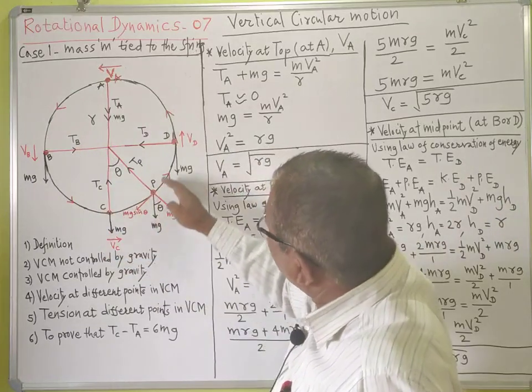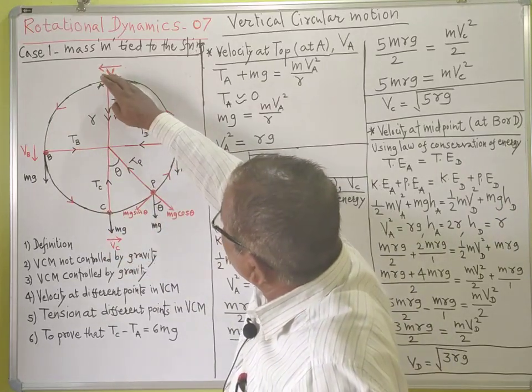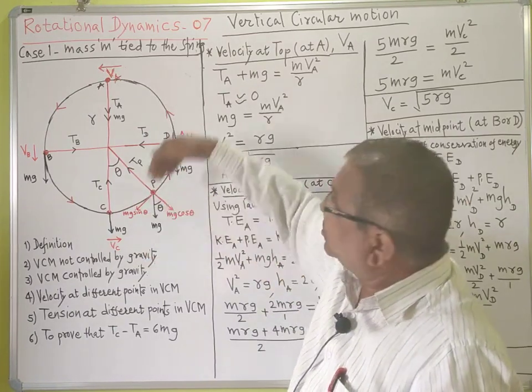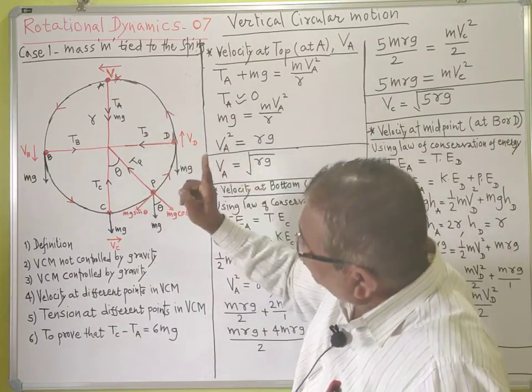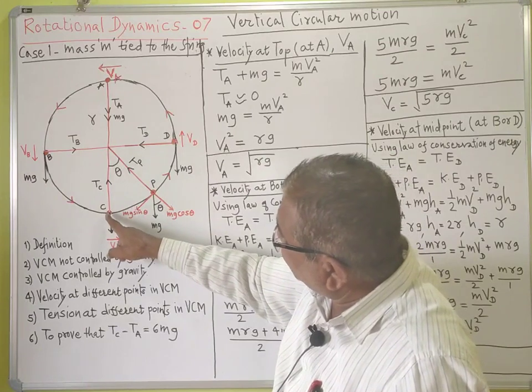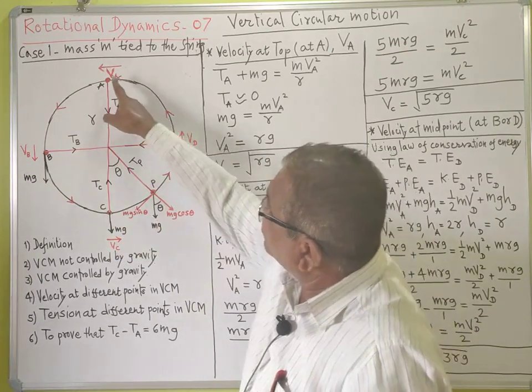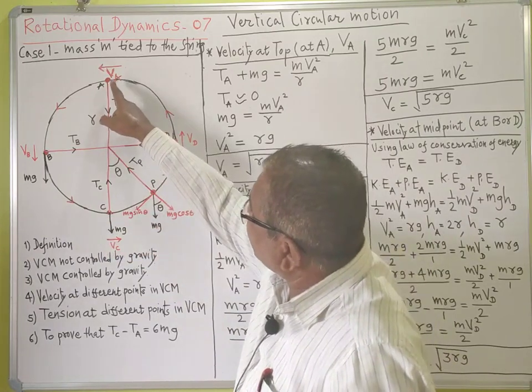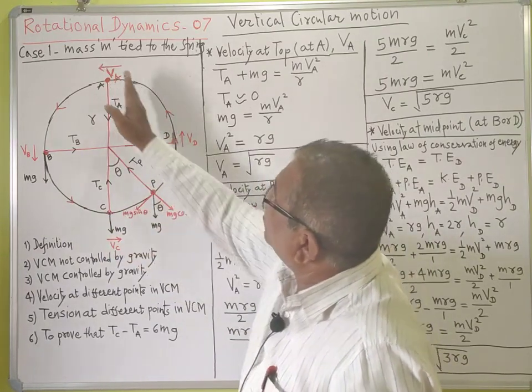The particle is moving upward, against the direction of gravity. So gravity opposes the motion of a particle when it moves from bottom to top, and velocity goes on decreasing.